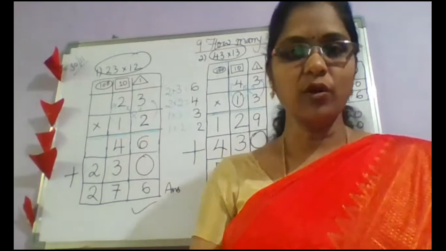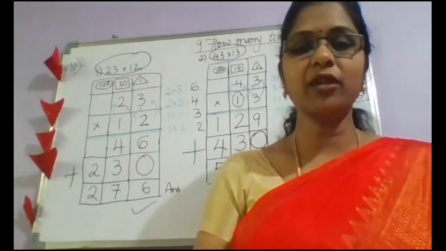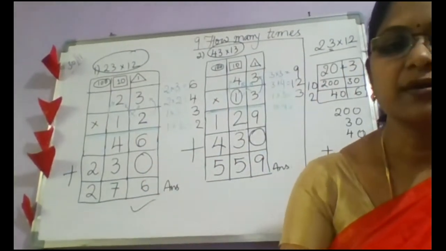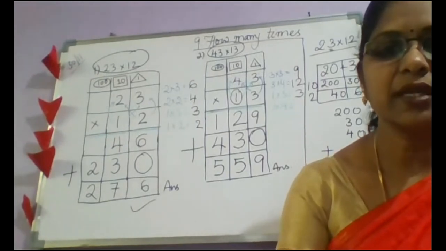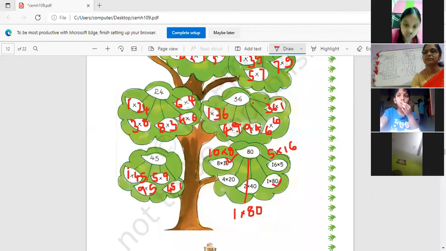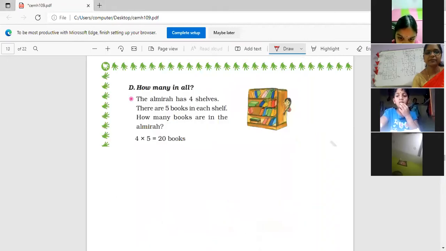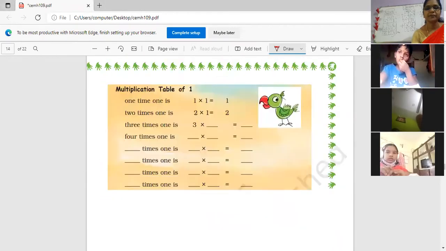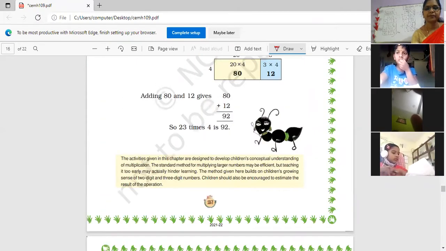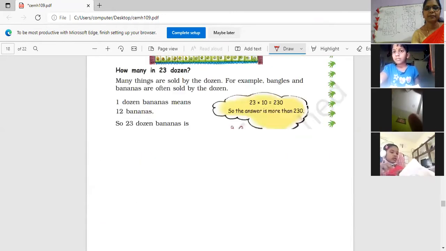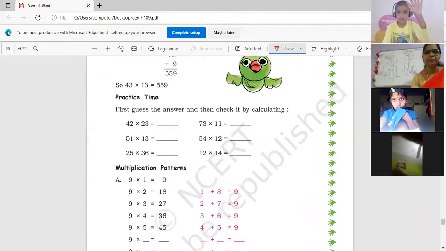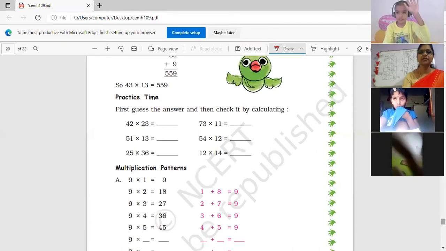So let us do once again one expansion and column, both the methods for the third problem. Hope all of you have taken these two problems. Okay, now let us take one more problem from your textbook itself. So 73 into 11.